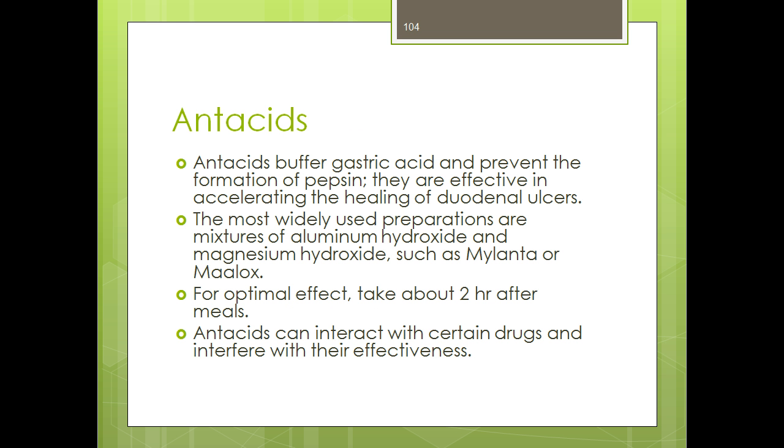And then, of course, you have your antacids, which buffer the gastric acid, but usually those are not long term relief. The most widely used preparations are aluminum hydroxide, Mylanta, Maalox, those types of things.